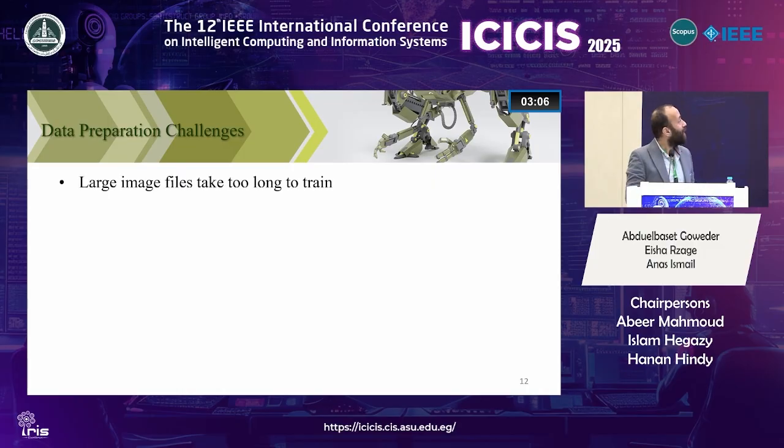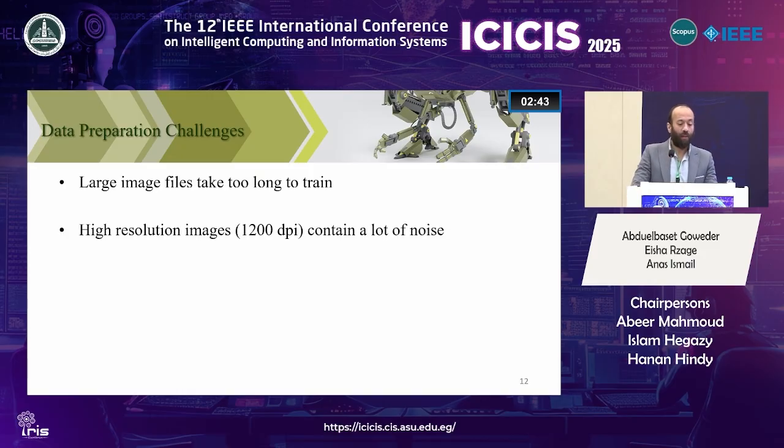Some challenges we faced: large image files take too much time to train. So we had to reduce that while not getting rid of important features. This was a challenge. We tried different sizes and different bit widths for the image files.